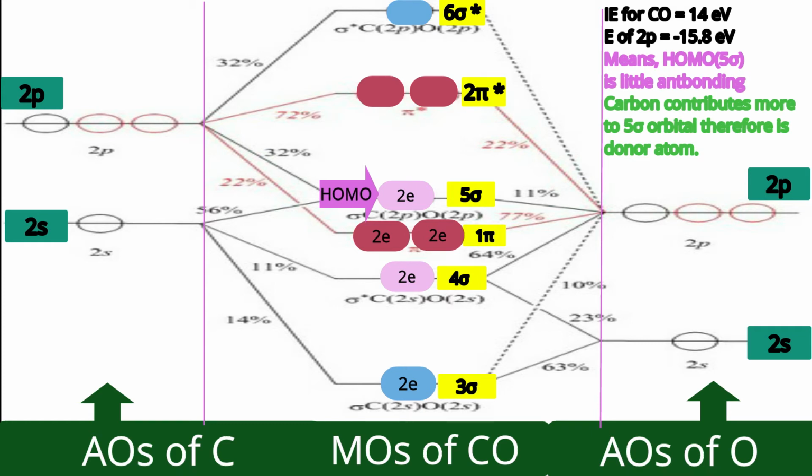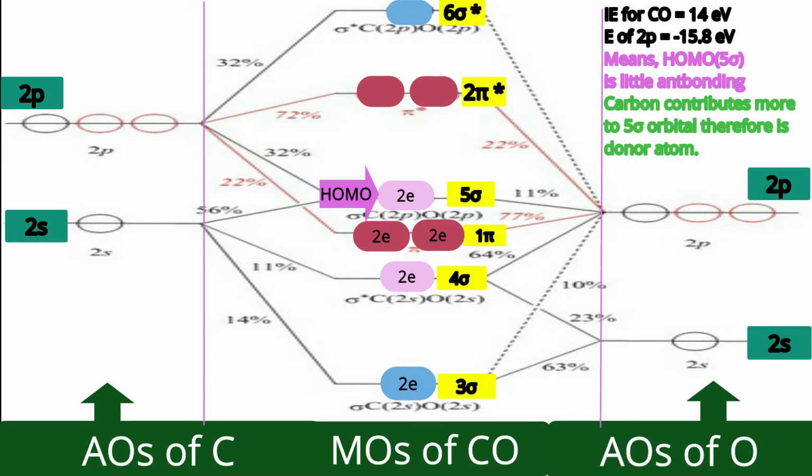Now come towards the ionization concept. We found that after ionization, the bond length decreases. It would have been possible only if electrons exist in an antibonding orbital. If you see the 5 sigma orbital, it has major contribution from the 2s orbital of carbon, and to that it is antibonding. Even for the 2p orbital of oxygen, it is antibonding.